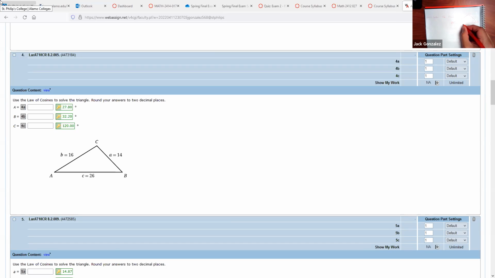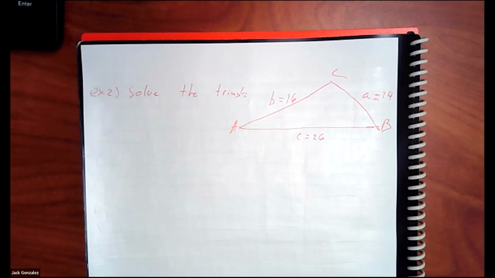ABC. C is 26. A is 14. B is 16. Okay. So this is case 4, meaning you have to use the law of cosines to find the angles.